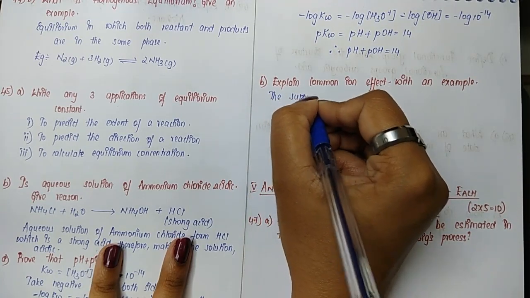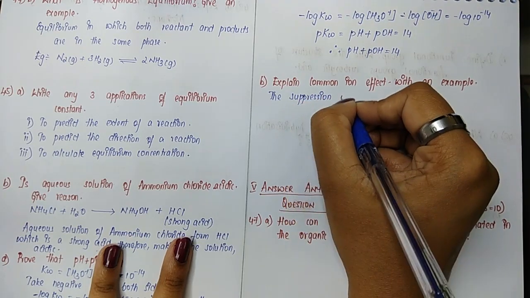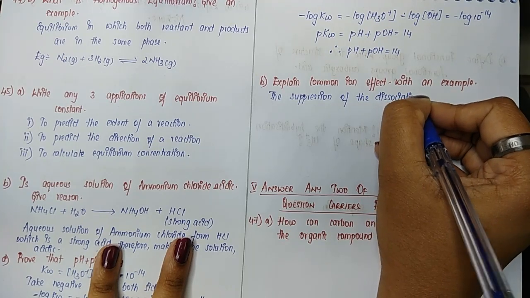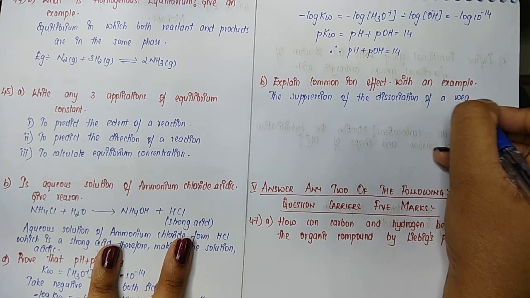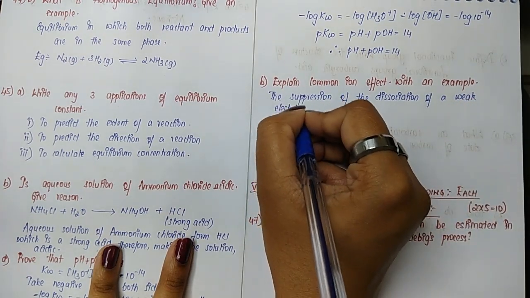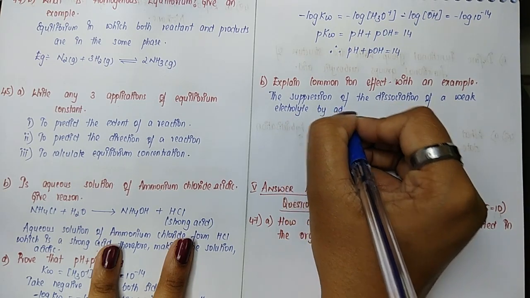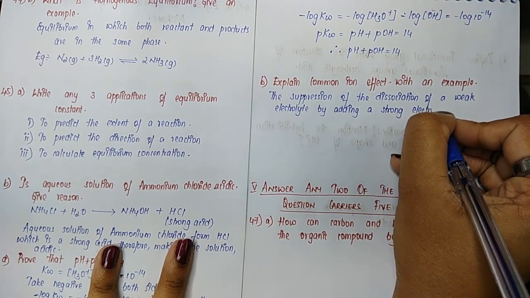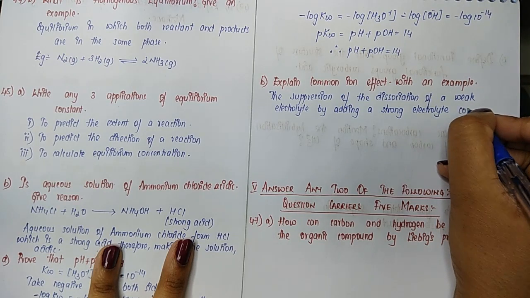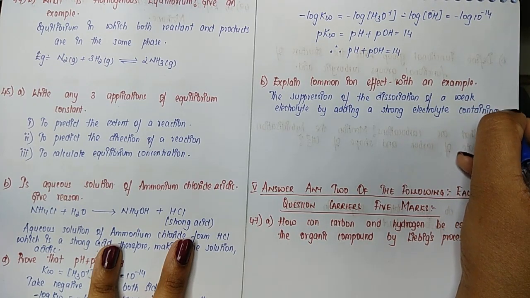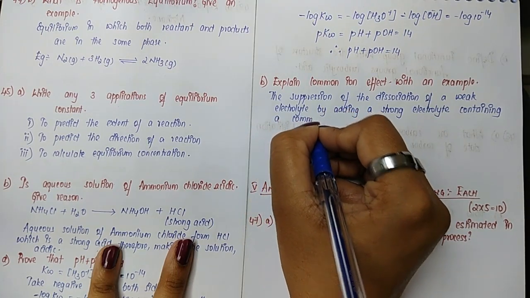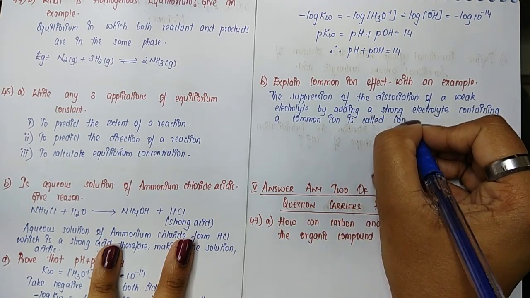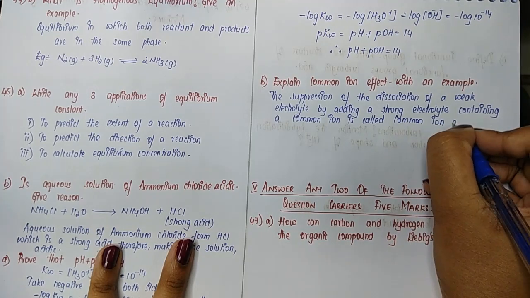The suppression of the dissociation of a weak electrolyte by adding a strong electrolyte containing a common ion is called common ion effect.